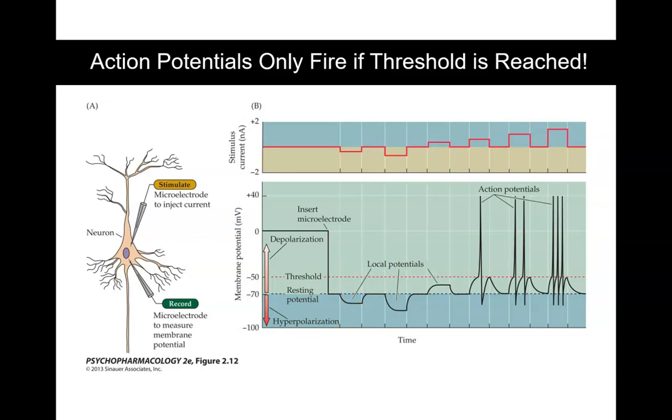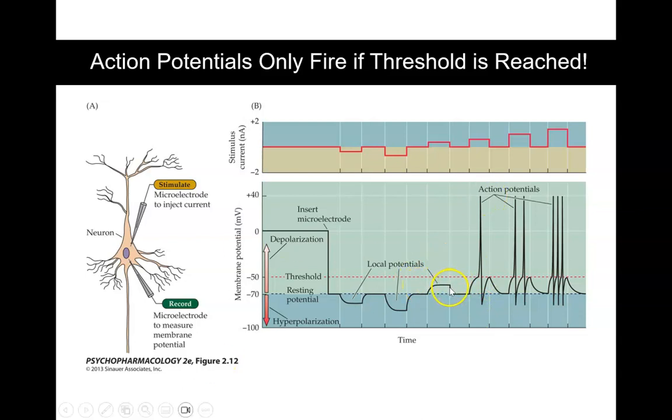Now, here's what's critical. A depolarization usually will happen either because of an influx of sodium or an influx of calcium. Both carry a positive charge. And what you can see is that you do get a small depolarization, but because it isn't reaching that threshold for the voltage-gated sodium channels to open, nothing really happens.